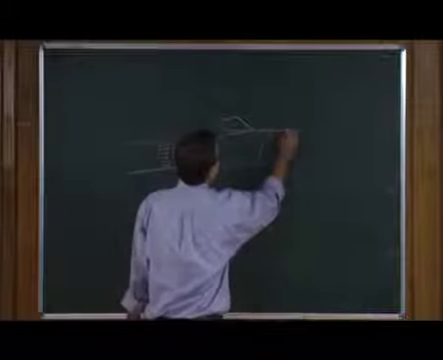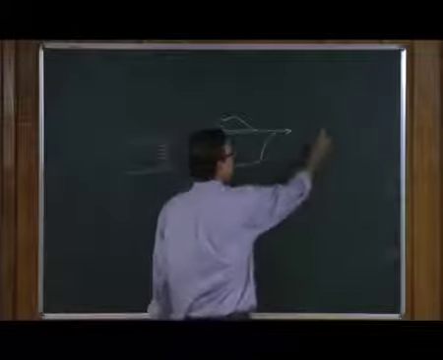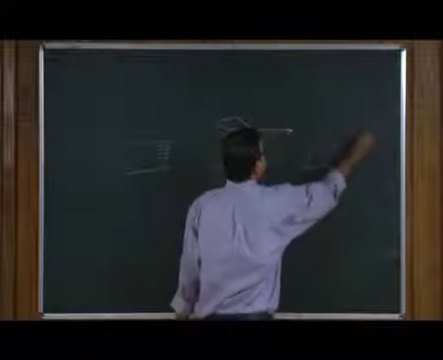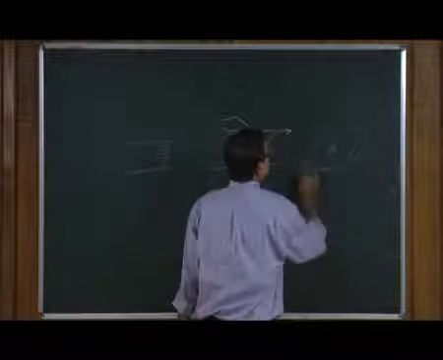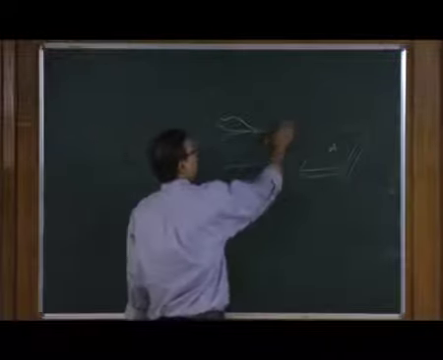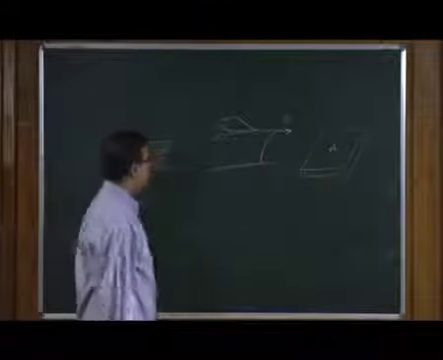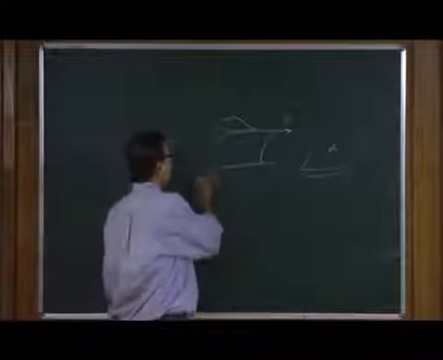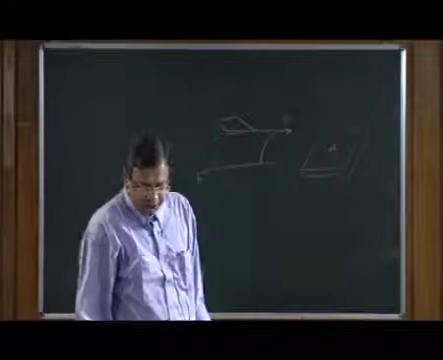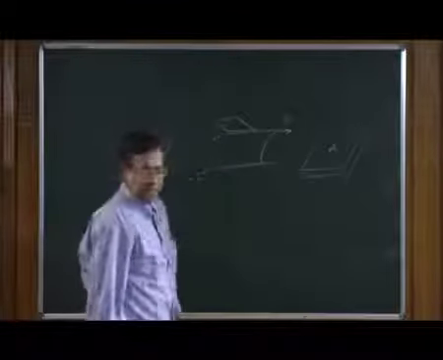If we apply a force on the top surface of the book, which has an area of cross section A, there is a force that acts in the opposite direction which is of the same magnitude, and let us denote it by a negative sign.